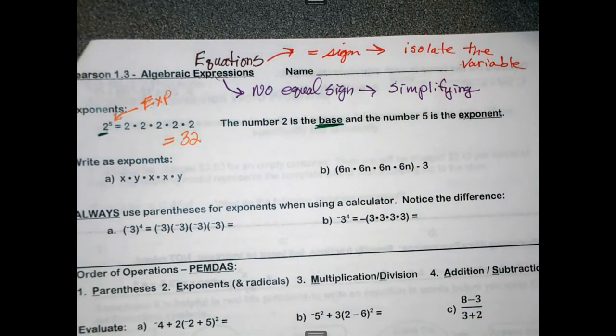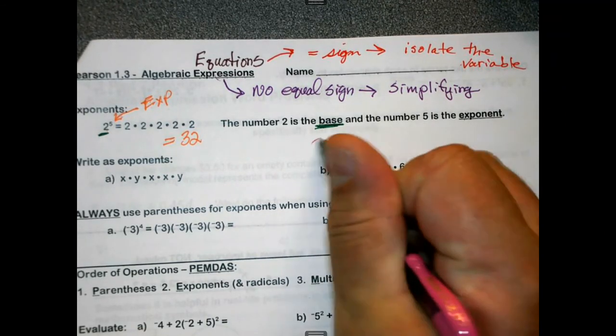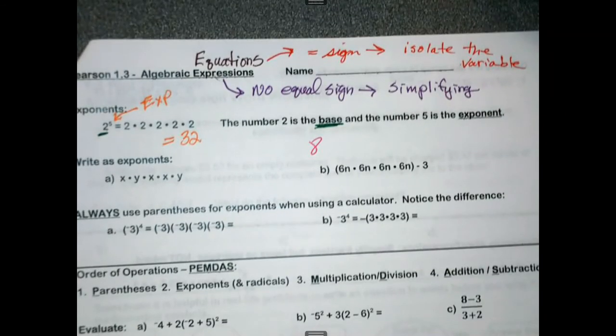By the way, if there's no exponent, if I just have a number, say the number 8, is that a power? Is there an exponent there? There's always a 1, right?